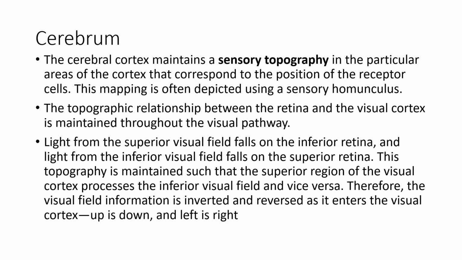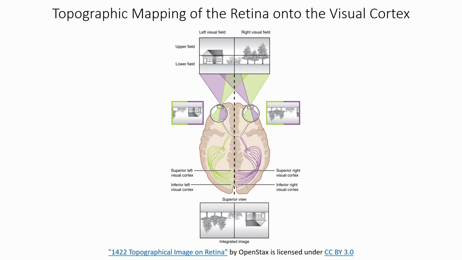That might sound a little weird, just saying it out loud, but if we look at a picture, this is the mapping that we see. If we're looking at the visual field, here's the left side, here's the right side, and then the upper and the lower field. The way it hits the retina, it hits it this way, upside down.